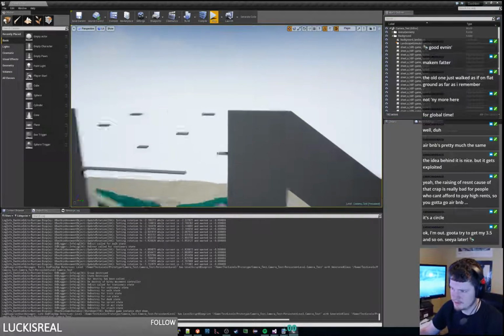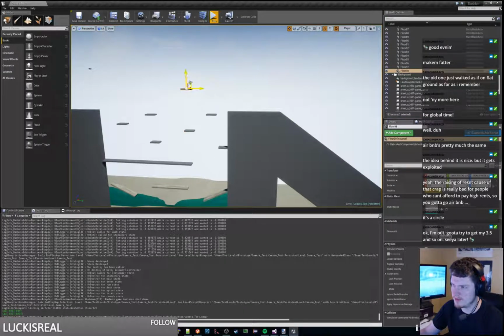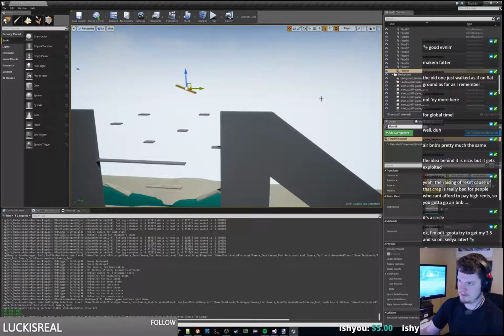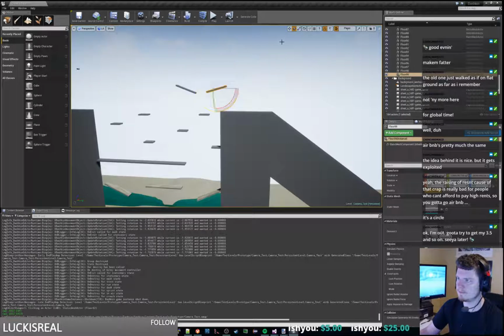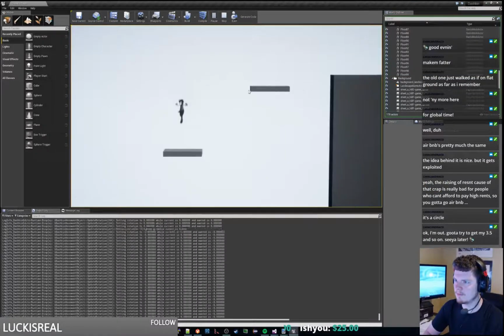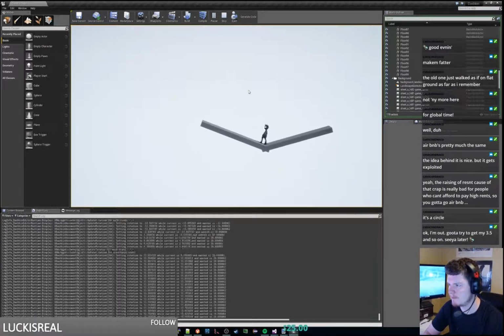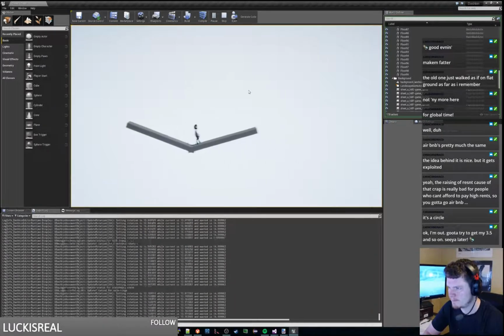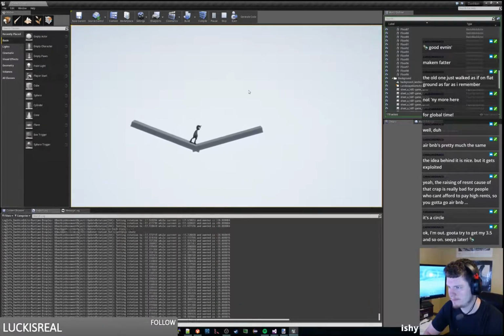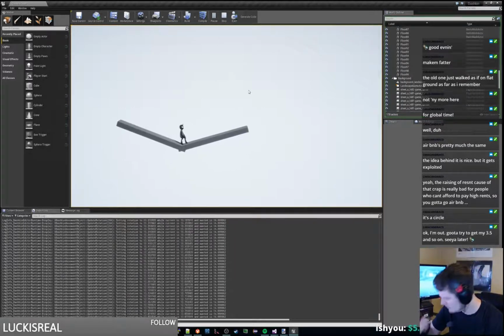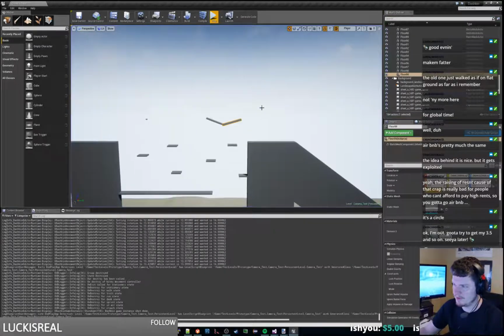Let's see if this is a consistent problem, something maybe that only happens with the one-way platforms, or if it's something that happens with the one-way and the two-way platforms. Or if it has something to do with if we're sliding.